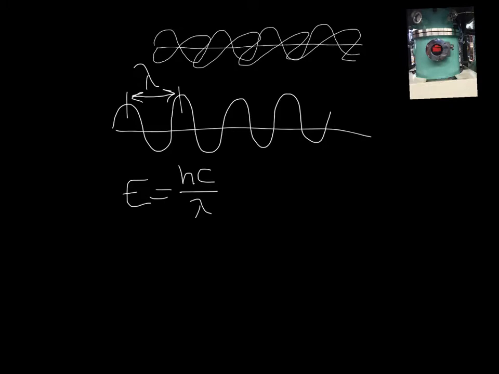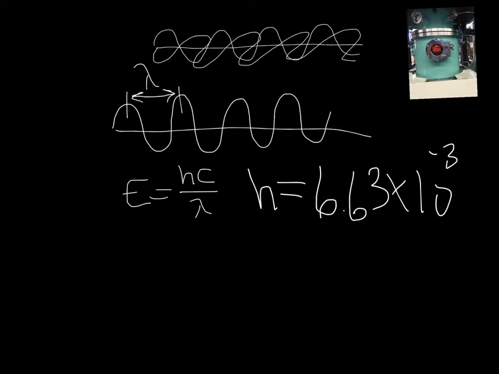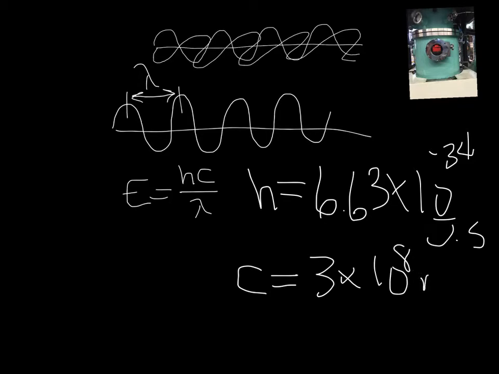You might know what they are, but let me just let you know in case you don't. h is Planck's constant, which is roughly equal to 6.63 times 10 to the negative 34 joule seconds. And c is the speed of light, which is 3 times 10 to the 8th meters per second.